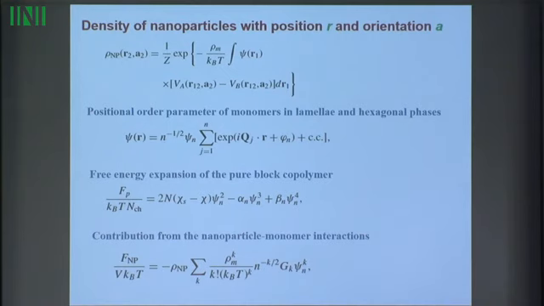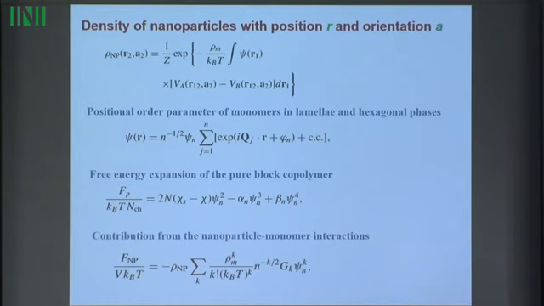And so now we can use this free energy to minimize it, to get the expression for the one particle density of these nanoparticles. And then we just consider the matrix, which can be either lamella or hexagonal phase with this general expression for the order parameter. So this is well known.